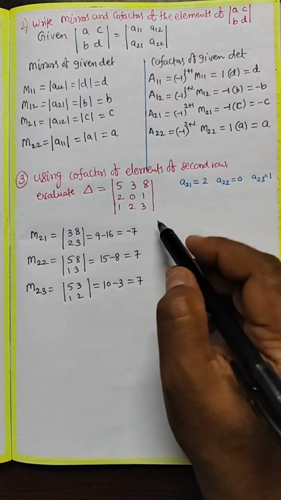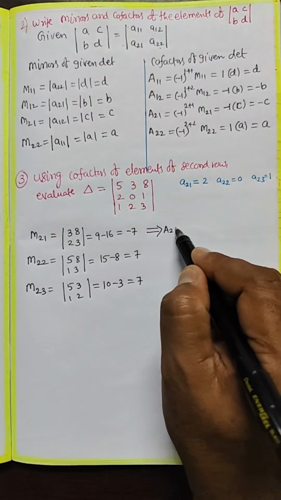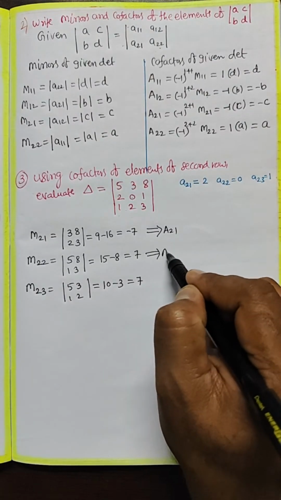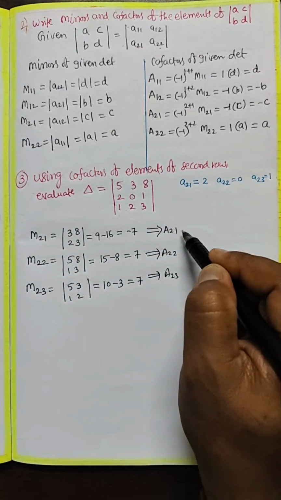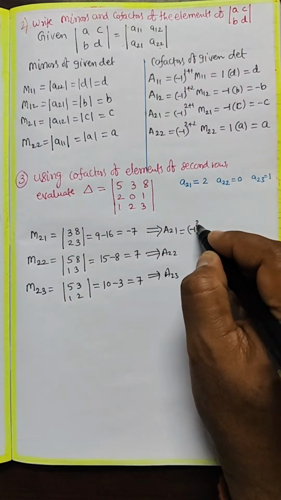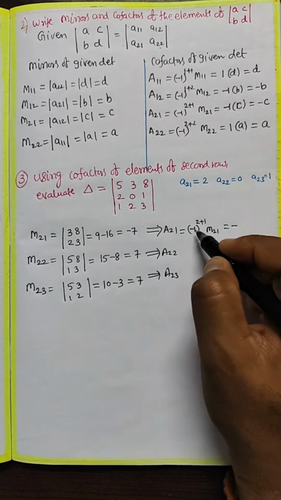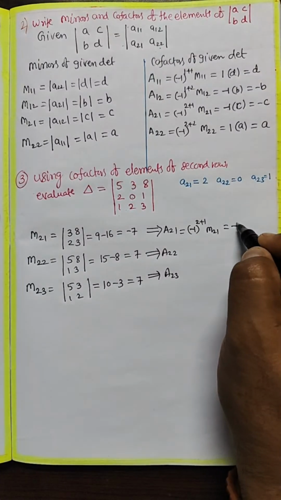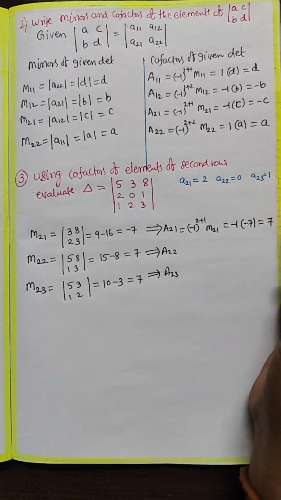After that, for respective values, calculate A21, A22 and A23. So A21 is minus 1 whole power 2 plus 1 into M21. So minus 1 whole power 2 plus 1 means minus 1 into M21, which is minus 7, that is equal to 7.